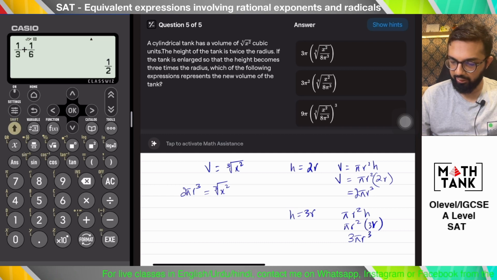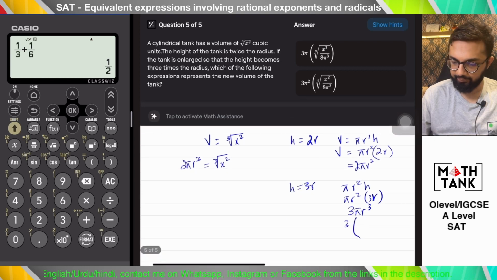Okay, pi r cube is basically cube root of x squared divided by 2.